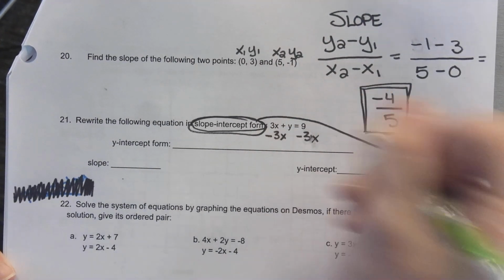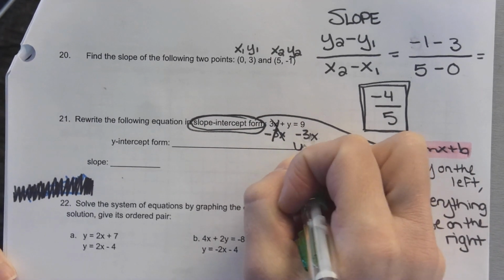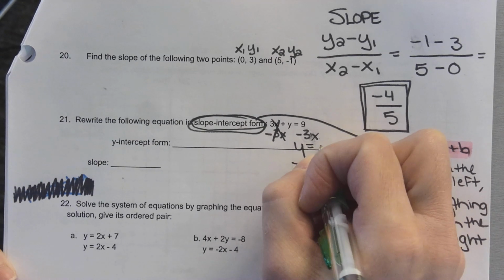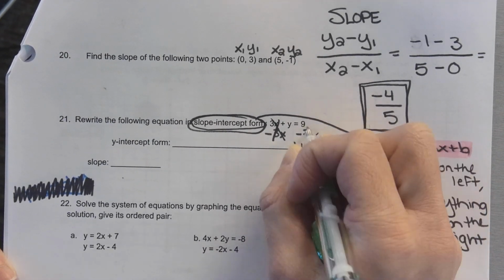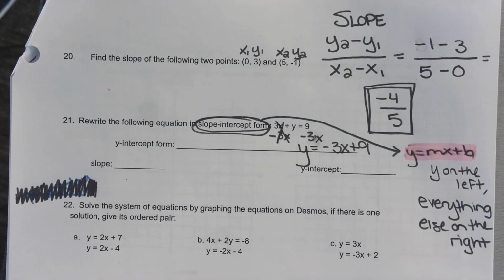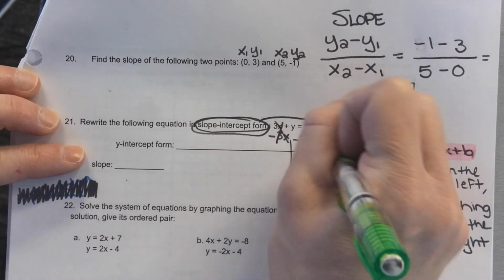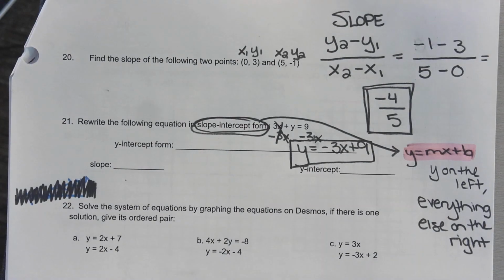All right, so I've got just y on the left, which is what I wanted, equals negative 3x, because I subtracted it, so now it's negative, and then I still have that 9, and it was positive, so it's plus 9. Is that in the correct form? Yeah. We've got y on the left and everything else on the right. So this is my answer.